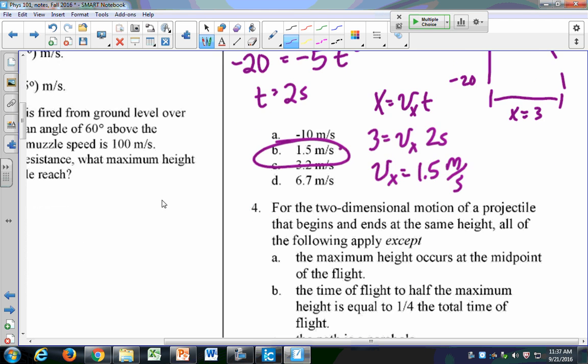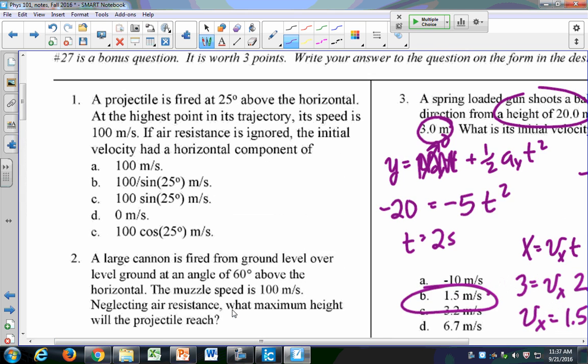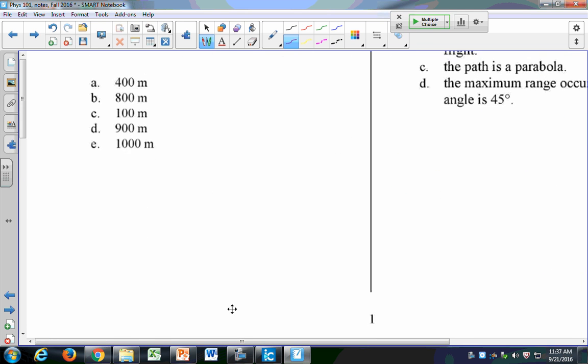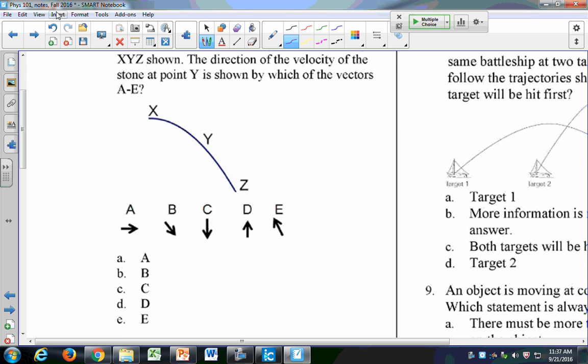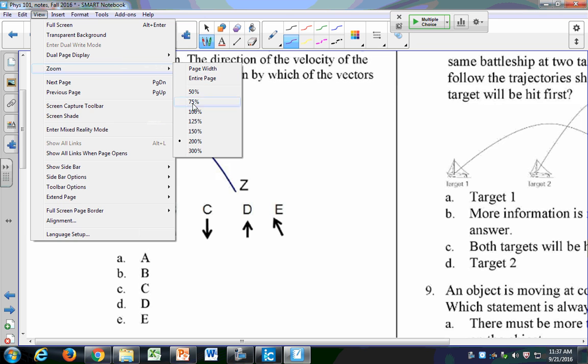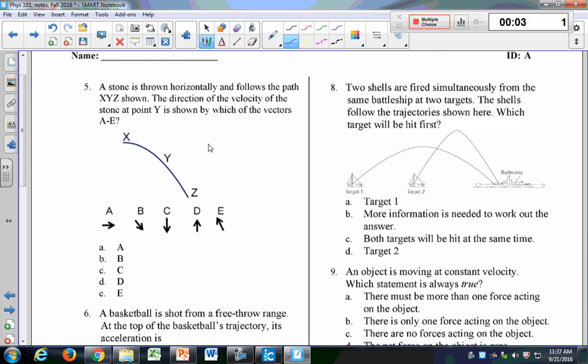All right, let's try another. We have a couple minutes. Let's try this number 5. Which of these vectors shows the velocity at point y, at this point?